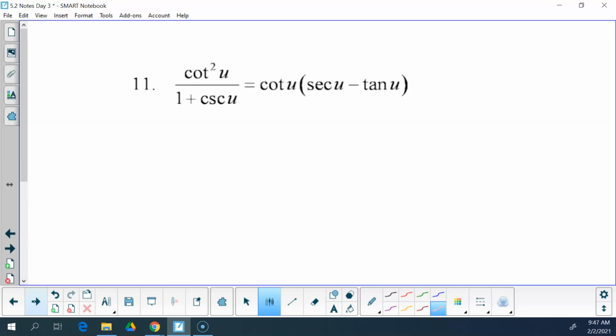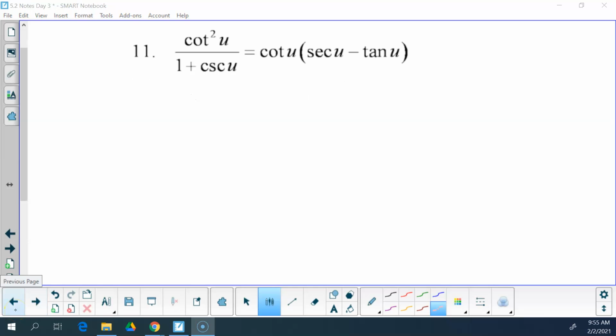Okay? Again, let's determine which side looks more complicated. Anybody? Left side? I'd probably go left side too. Yeah, work a little conjugate action on the left side. Try it. So we said left side, right?